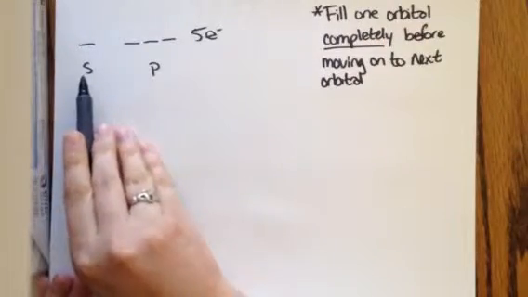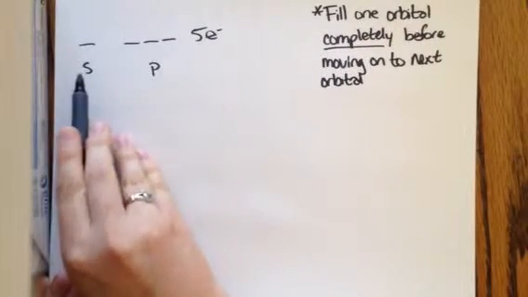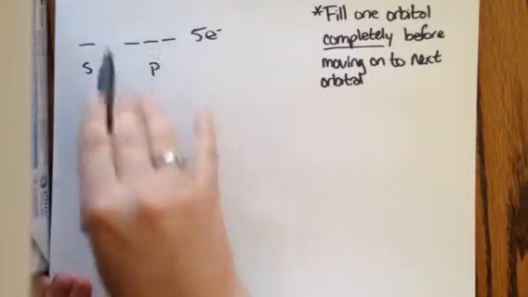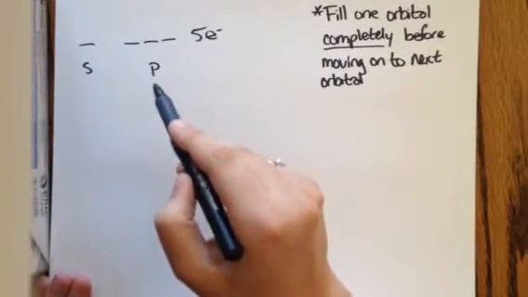Okay, so what do I mean by filling it completely? The s orbital can hold up to 2 electrons, so I need to put 2 electrons into this orbital before I can even touch any of these lines in the p orbital.